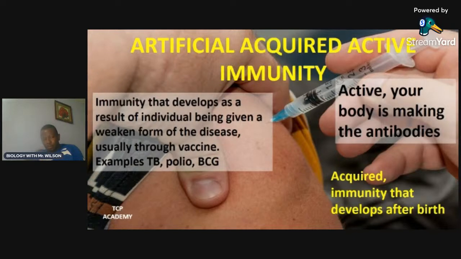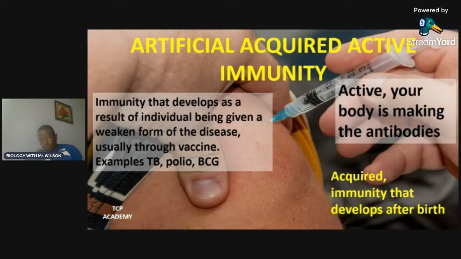Artificial meaning that it has some human influence. Acquired meaning that it was developed after birth, so you were not born with it. And then active, even though it was given to you by a human, it is within your body that the antibodies are going to be made.